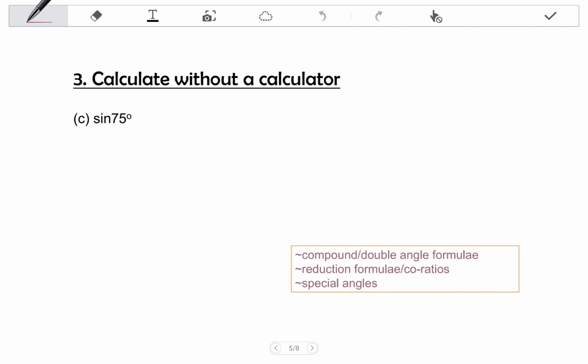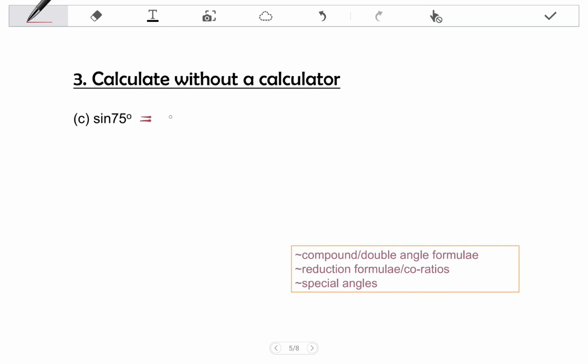So that is the value without the use of a calculator. Right, another example where we don't use a calculator. And now all we have is sine 75. 75 is not a special angle, but we are looking at compound angles, which means that we can potentially write 75 as the sum of compound angles.